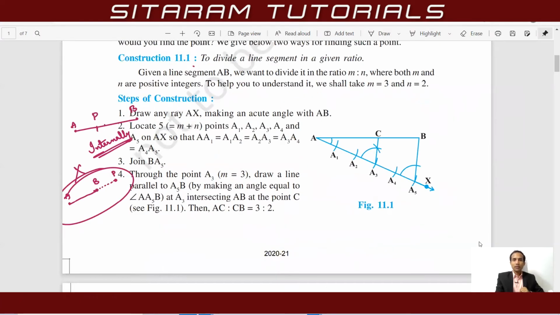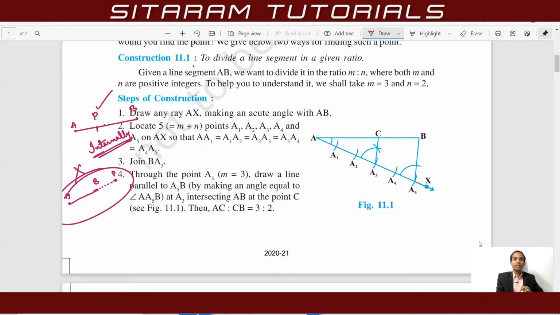Now if you see, to divide a line segment in a given ratio, here what is meant by internal division, what is meant by external division, we need to understand first, because only internal division problems are there, external division problems are not there. Now for example, AB is a line segment and P is inside of it.